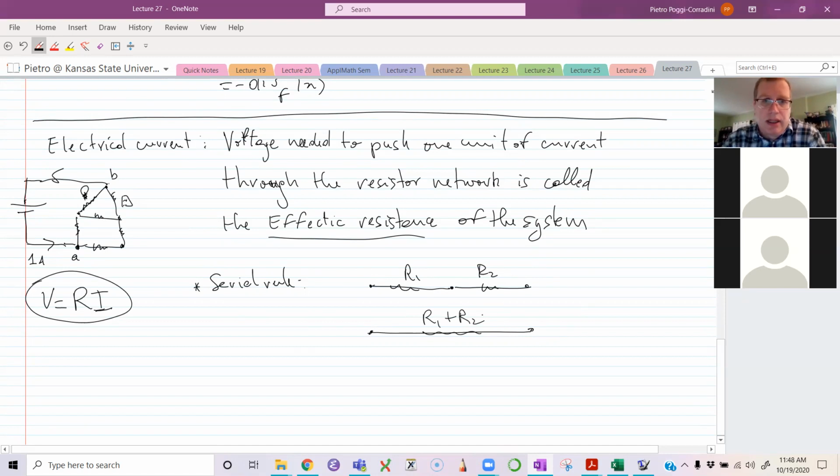So this is kind of the idea. This is the effective resistance of this very simple P2 graph. There's also the parallel rule, which is a little more complicated.